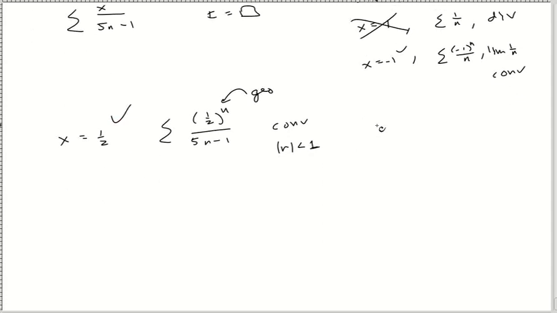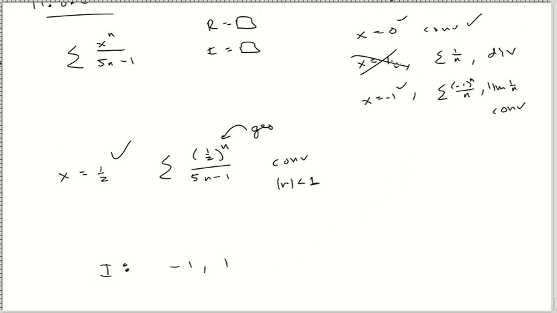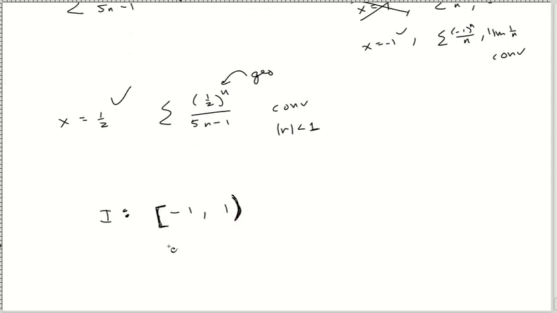So as you're seeing, my interval is going to be from -1 to 1, centered at 0. But I can't include the 1, but I must include the -1. So I include the -1 with a square brace, but I don't include the +1 because that didn't work. And of course, my radius is just going to be a plain old 1 because I'm centered at 0 and I go from 0 to 1.